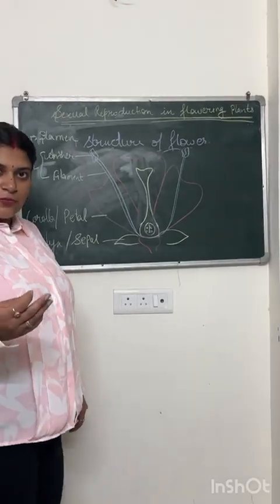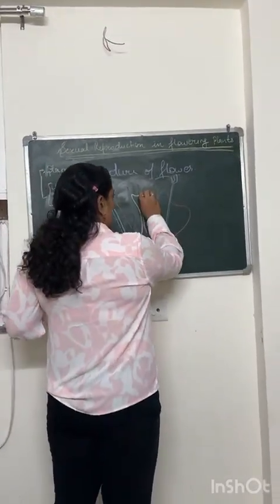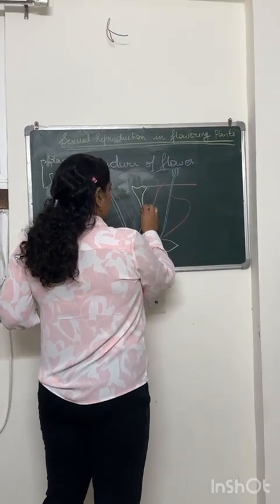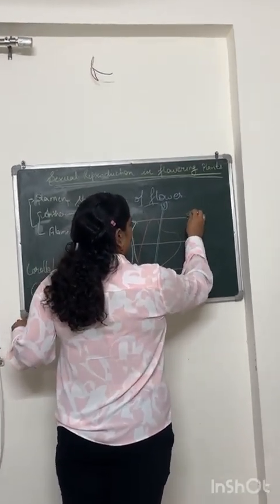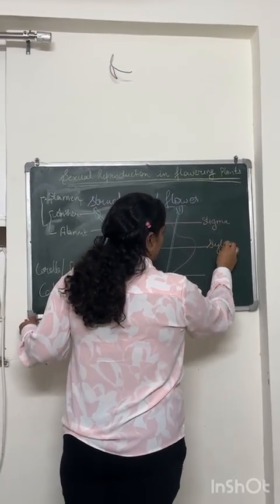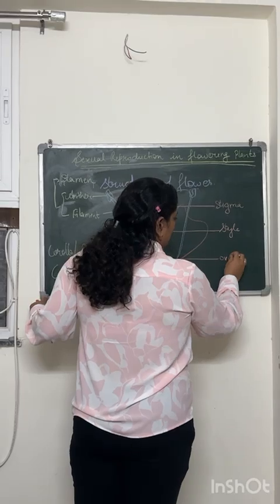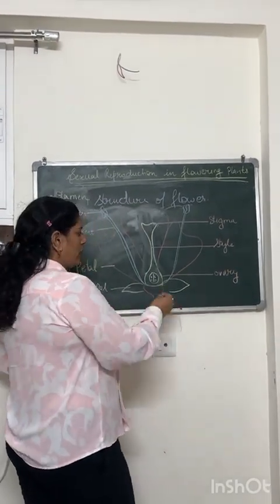So next is the female part of a flower, which is known as pistil. So pistil has three main parts: stigma, style, and ovary. Right? There is one more part inside the ovary.